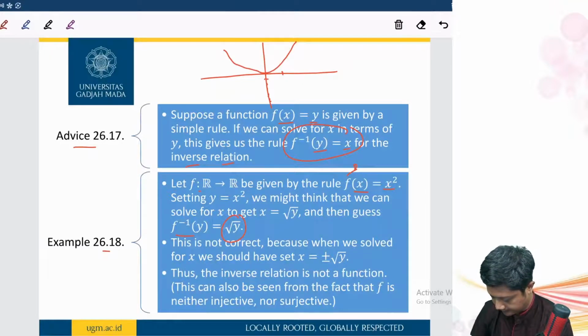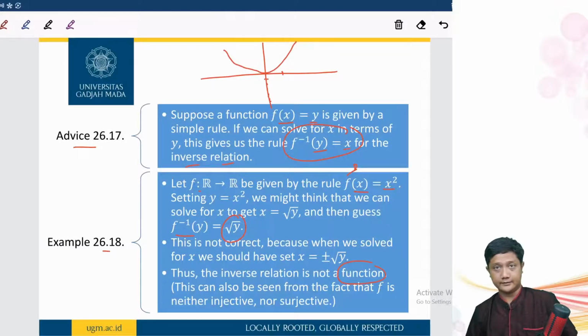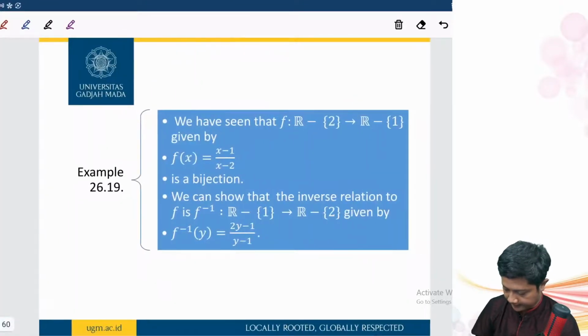So that's why the inverse relation is not a function. Should be okay. This is the reason.